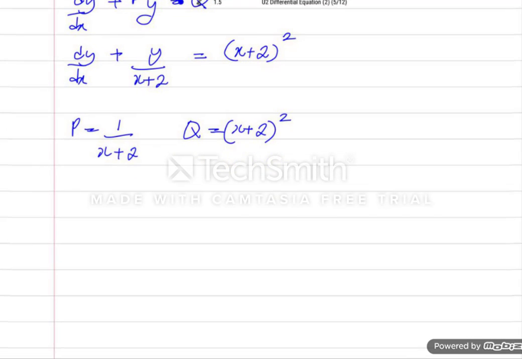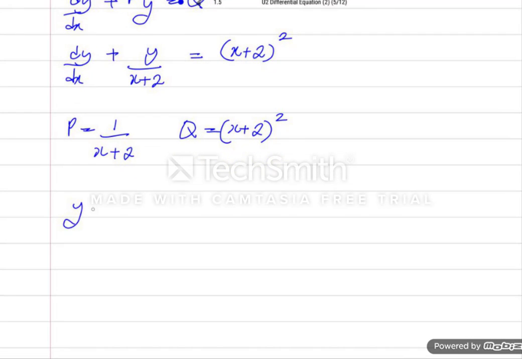So the solution is y times e to the integral of p dx, which is equal to the integral of q times e to the integral of p dx.